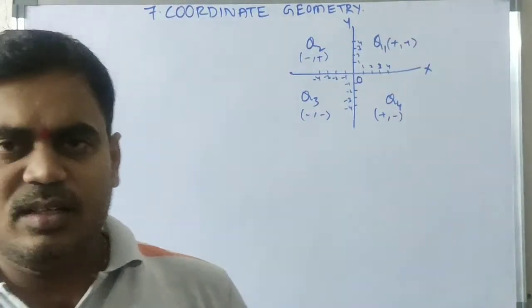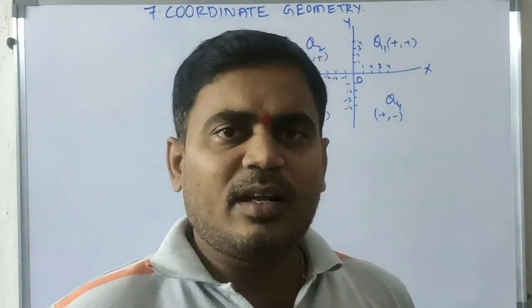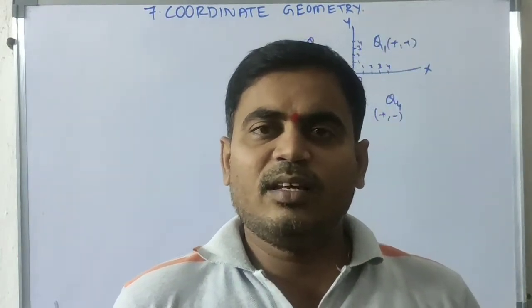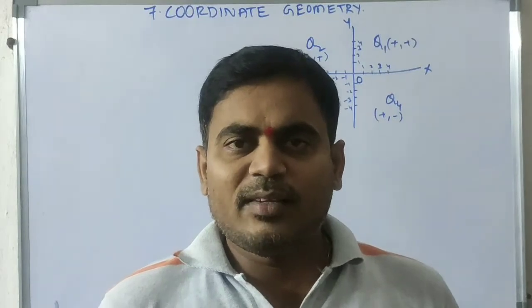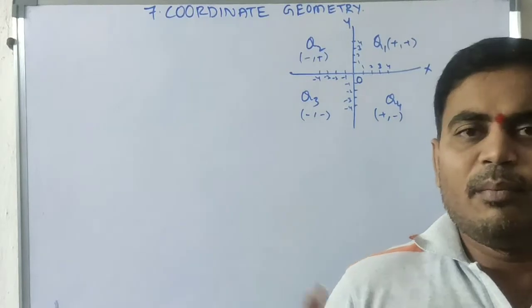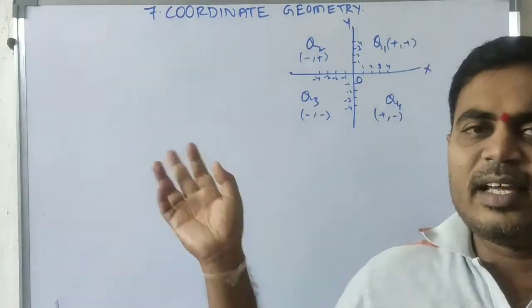If we give any point, without representing the point we can easily identify in which quadrant it lies. For example, 2 comma minus 3: plus comma minus lies in the fourth quadrant. Minus 3 comma 2: minus comma plus, which is in the second quadrant.